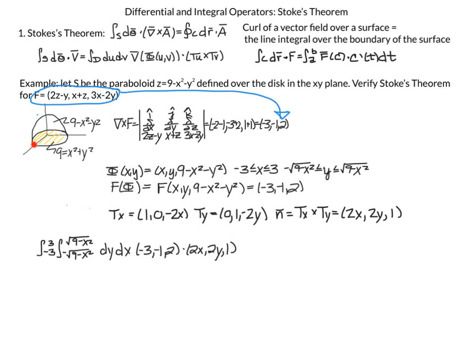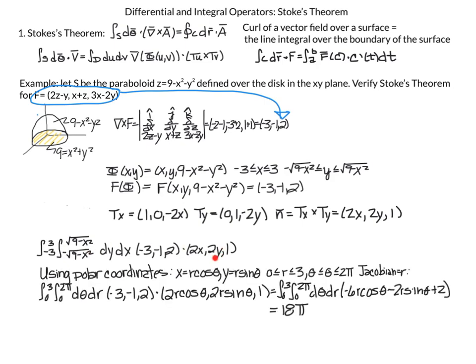Our y-coordinate for the circle goes between negative square root of 9 minus x squared to positive square root of 9 minus x squared. And then we take our field over here, which we composed already. So we have our -3, -1, 2. And then finally we dot it with our normal, which is 2x, 2y, and 1.